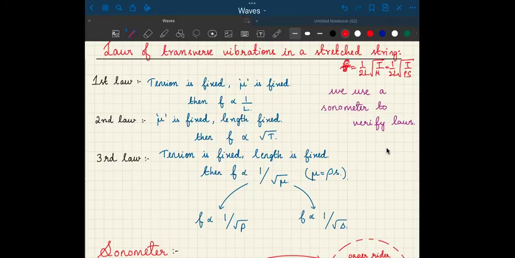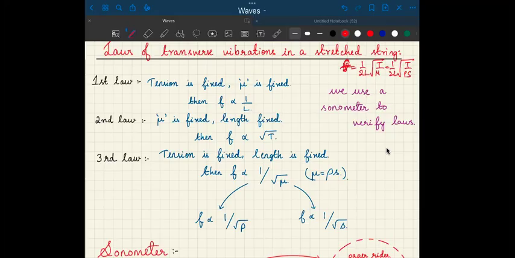Rho into S will change. So F is inversely proportional to root mu. But if wires have the same cross-sectional area, what happens? F is inversely proportional to root rho. Suppose wires of the same material, different cross-sections: F is inversely proportional to root S.